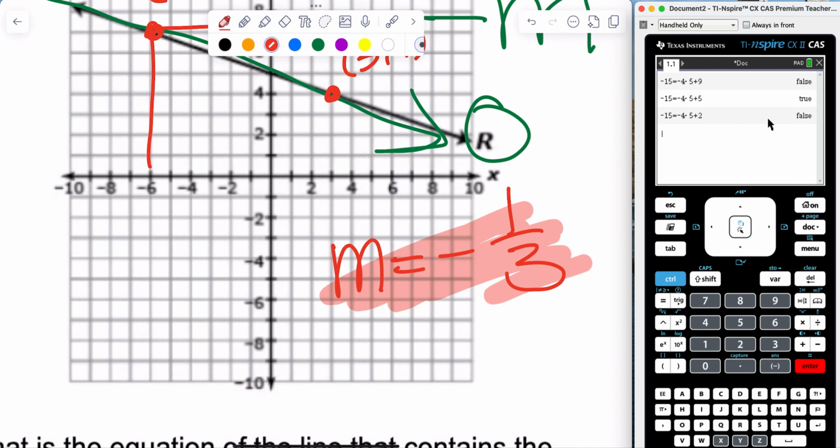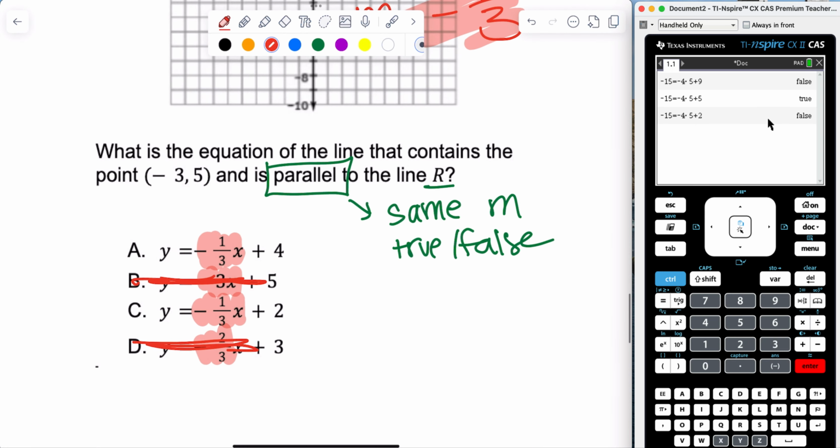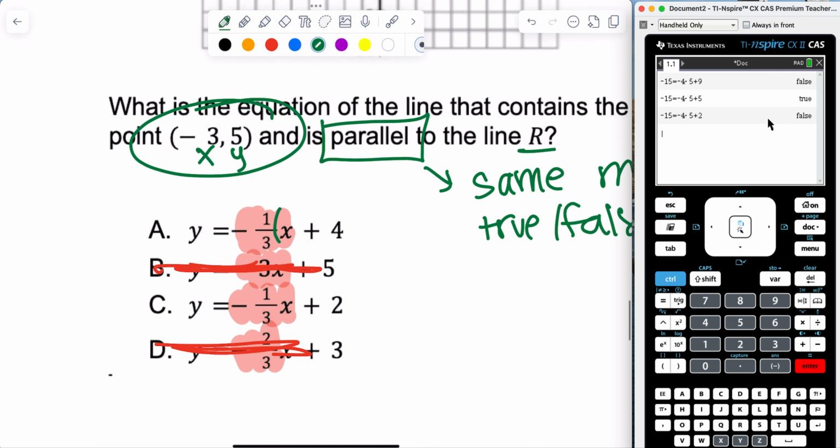Now that I've done this, I need to do true and false just like I did. I have my point, x, y. So anywhere I see x, I'm going to put -3. Anywhere I see y, I'm going to put 5. So now I'm going to go to the calculator and do the same thing. Parentheses 5 parentheses equals negative, control divide for that fraction, 1/3, -3 parentheses plus 4.